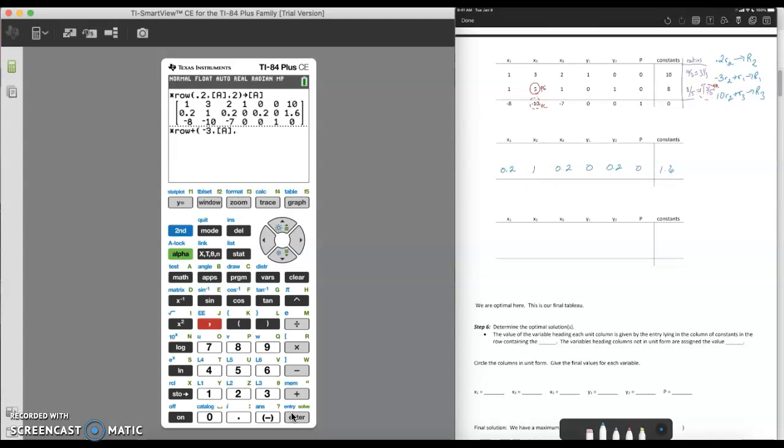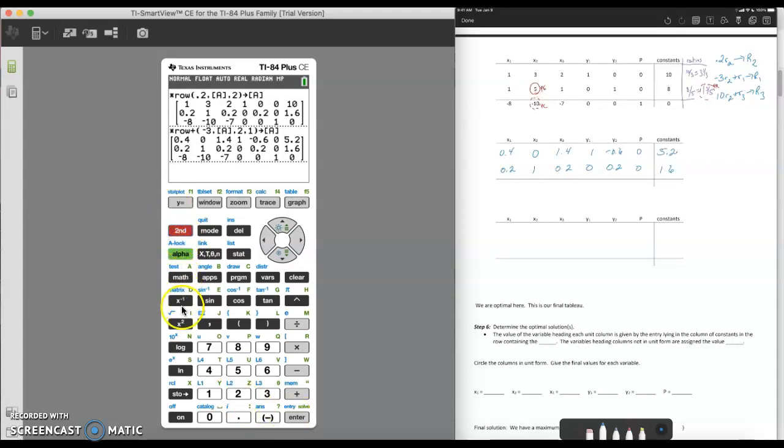And store that back into matrix A again. Okay, so my new row 1 is 0.4, 0, 1.4, 1, -0.6, 0, and 5.2.